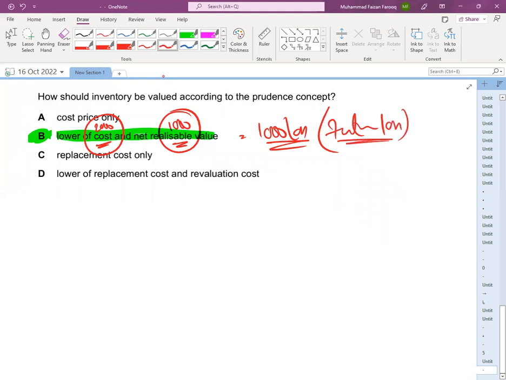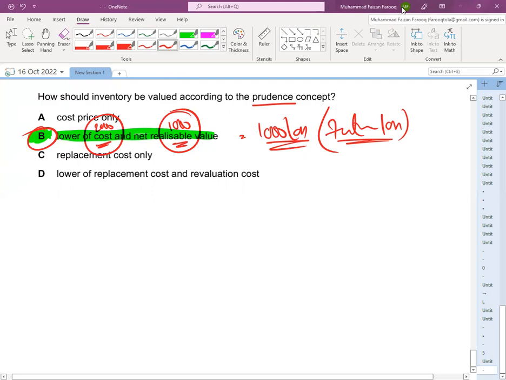Which concept is saying to record that? This concept is known as the prudence concept. So those are some past papers which I selected to help you guys.